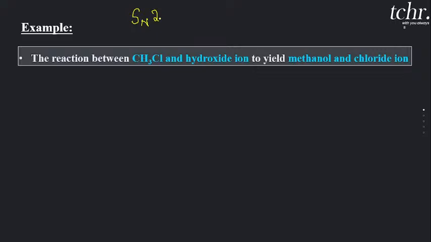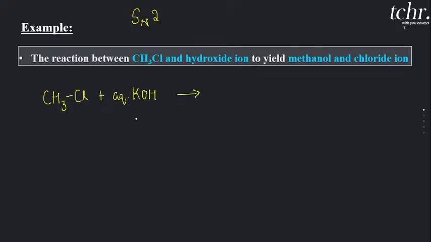So here we take primary halide as an example because primary halide is highly reactive to SN2 mechanism. So here it is a reaction between primary alkyl halide, that is chloromethane, and the hydroxide ion. So if you have taken chloromethane, CH3Cl, now what happens if I treat this with aqueous potassium hydroxide?